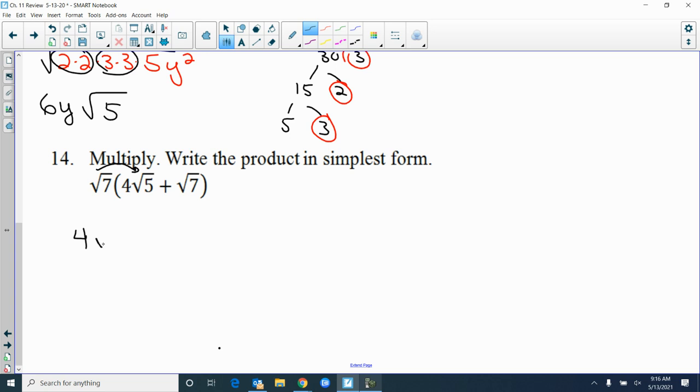So you multiply 7 times 5 is 4 radical 35. Square root of 7 times square root of 7 is square root of 49, but I'm hoping that you recognize that's just 7. 35 does not simplify anymore, so I'm just going to leave that.